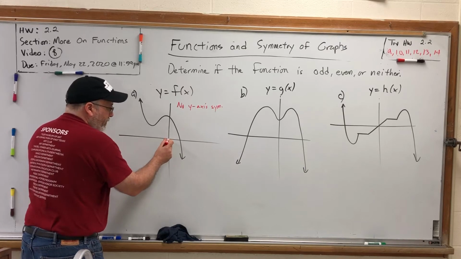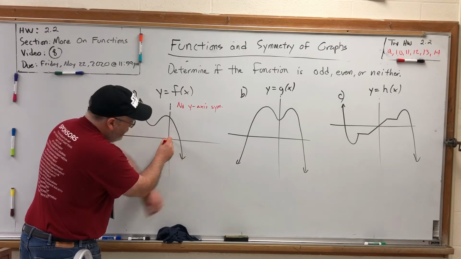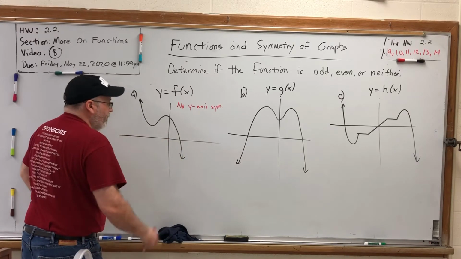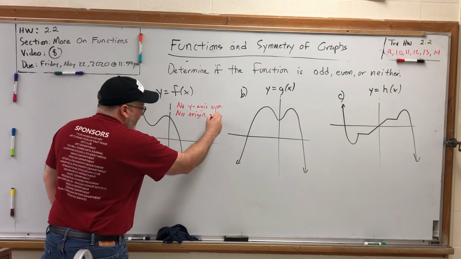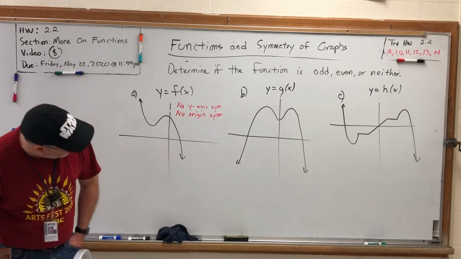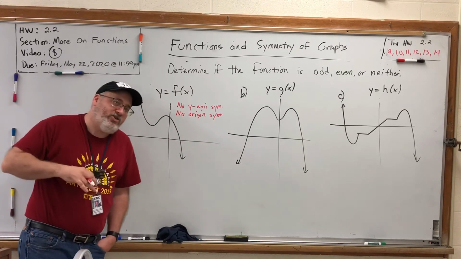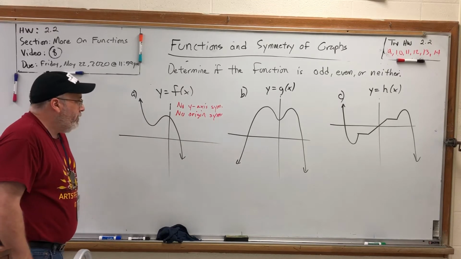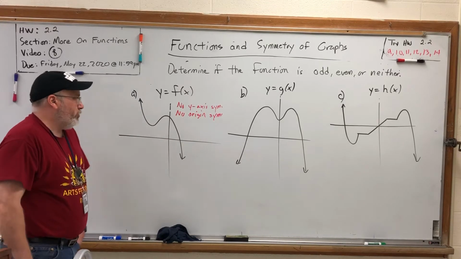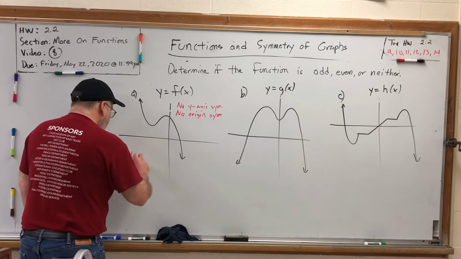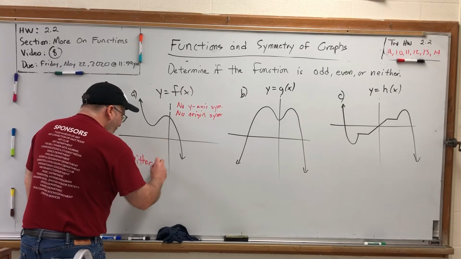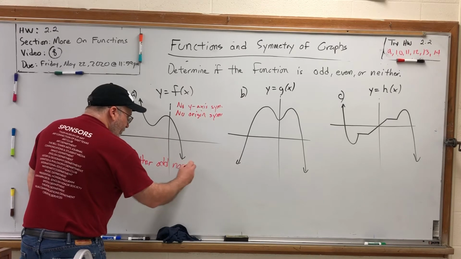No. This would wind up down here, but it wouldn't be the same shape as that. So this has no origin symmetry. It's also equivalent to asking, if I stand on my head or turn the graph upside down, is it in the exact same location as it was before? Since this has neither y-axis symmetry nor origin symmetry, this function is neither odd nor even.